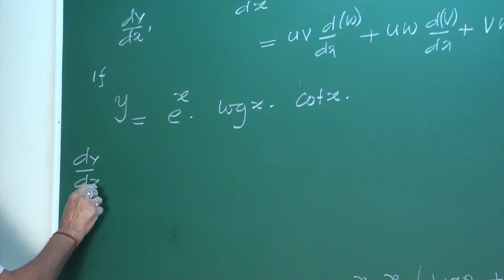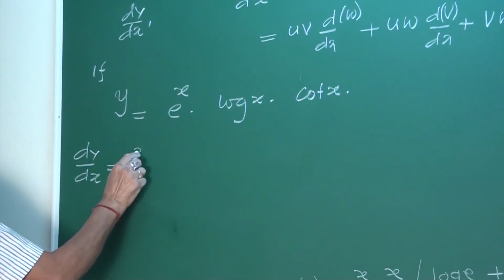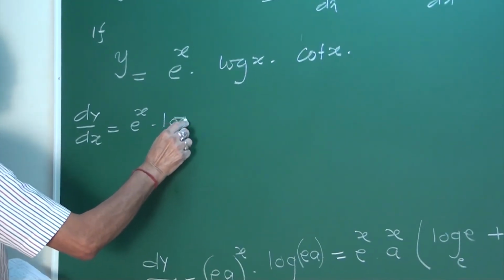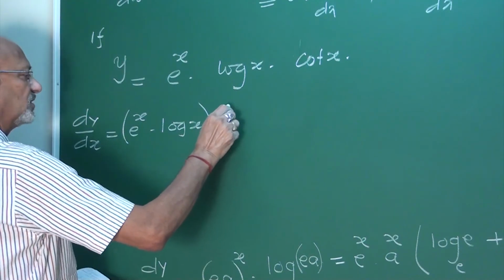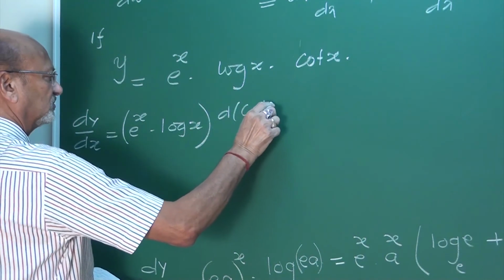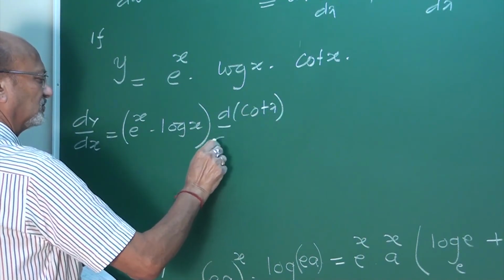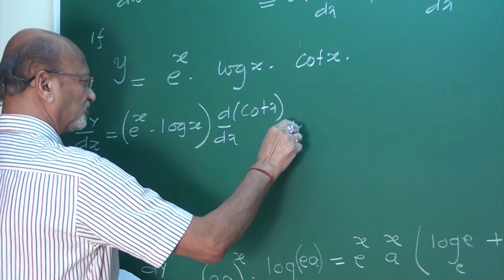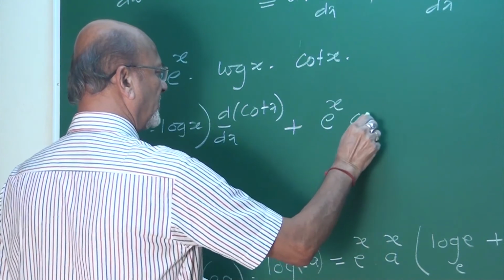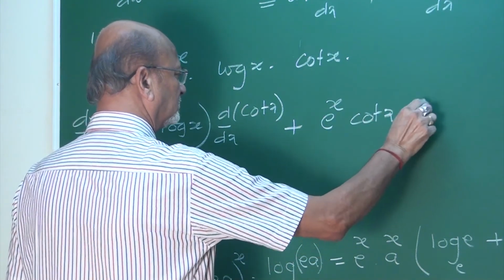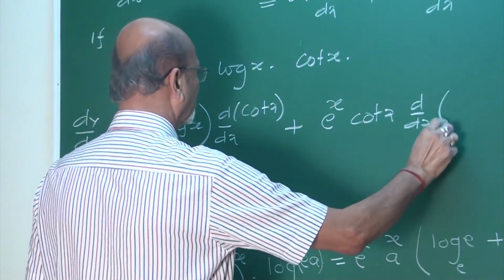Differentiate dy by dx. First function as it is into second function as it is, my friend, I use bracket, derivative of third, cot x. Plus first and third, derivative of middle, second, log x.